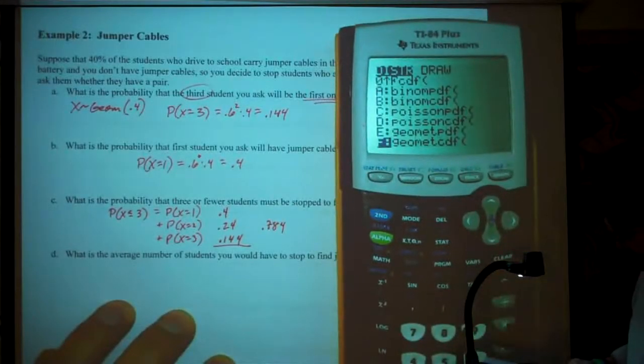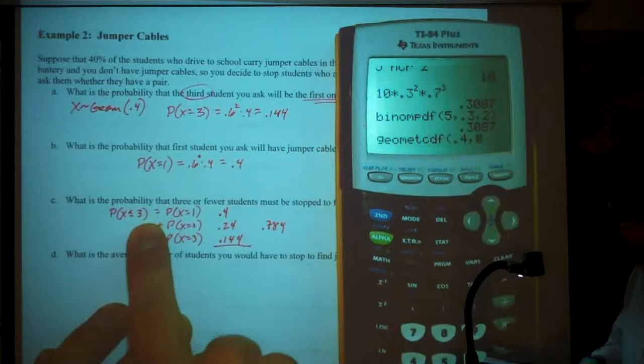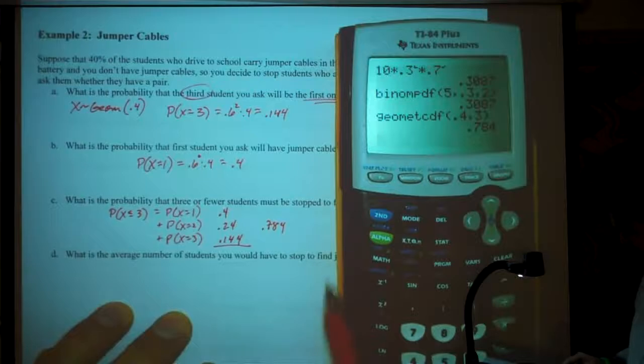And what you do is you choose geometcdf and you say my probability is 0.6. I'm sorry, that's not true. My probability is 0.4 of success. And I want to know what's the probability of getting 3 or fewer. And 0.784. Sure enough, that's the right answer.